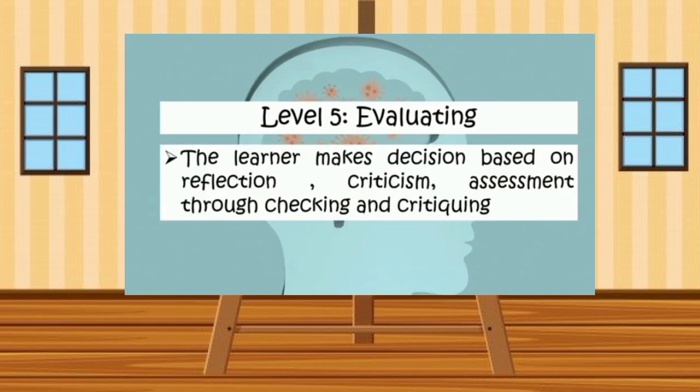The fifth level is evaluating. The learner makes decisions based on reflection, criticism, assessment, truth checking, and critiquing. In this level, the learner is able to reflect on what he or she understands.